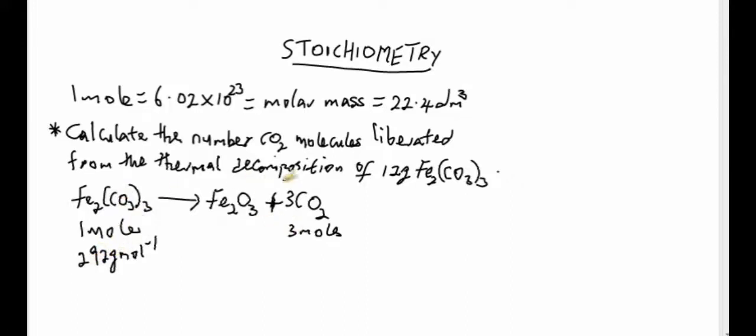Here they asked for number of particles. The relationship between mole and number of particles is 6.02 times 10 raised to power 23. To know what is reacting, we multiply this times this, so that mole can cancel mole. This is the number of particles per mole.